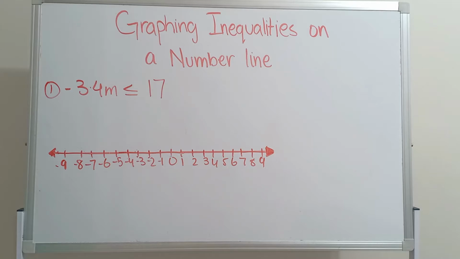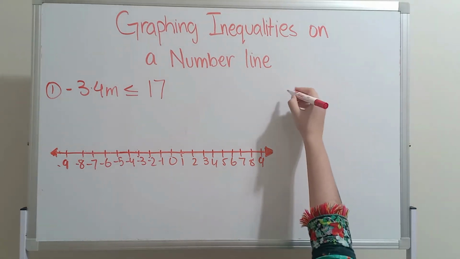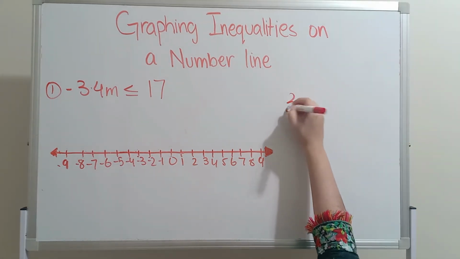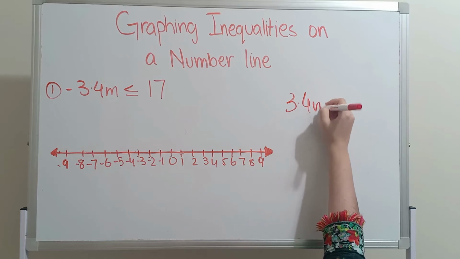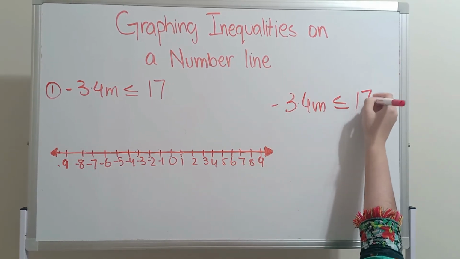So here we have our first question, and it says -3.4m is less than or equal to 17. We will first solve this, and then we can graph it on our number line. In order to solve this inequality, we can rewrite it first: -3.4m is less than or equal to 17.